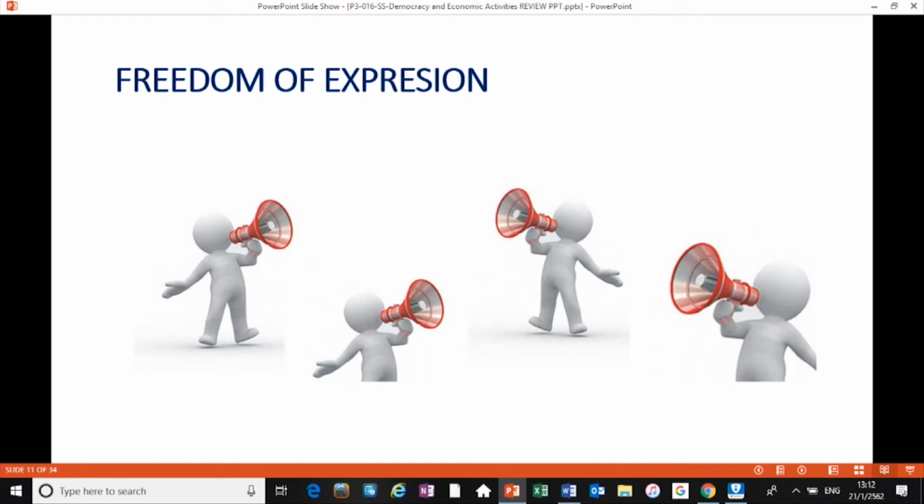What does this mean? Same as before, freedom of speech. People should be allowed to say what they want. This is called freedom of expression. Very good, guys.